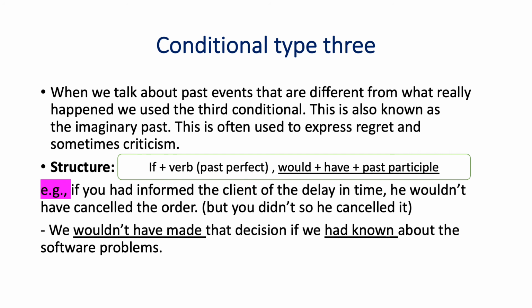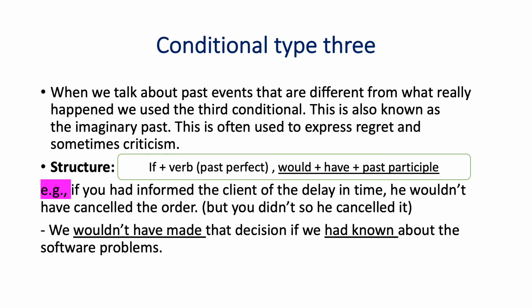But you didn't, so he cancelled it لأنك لم تخبره، هو ألغى الطلب. You see the condition and the result clause. This is conditional type 3, and the context in which we use it.